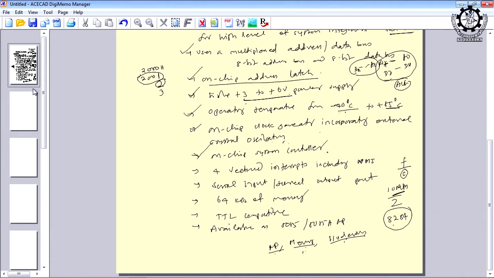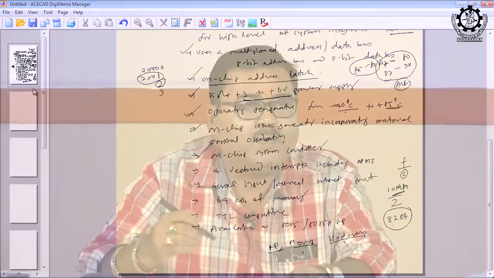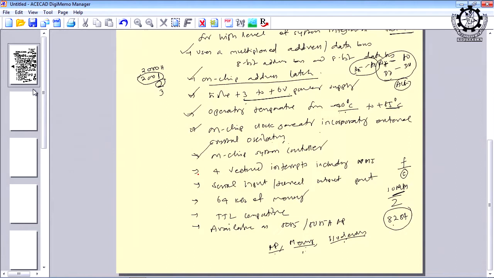As I told you, the microprocessor has 3 components: ALU, control unit, and registers. So, this on-chip control unit which is available inside the microprocessor will keep track of the different operations or the clock pulses which are elapsing according to the frequency. Then it supports 4 vectored interrupts including NMI. NMI stands for non-maskable interrupt.